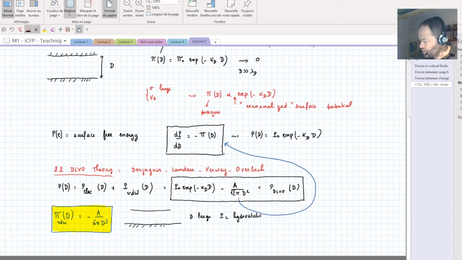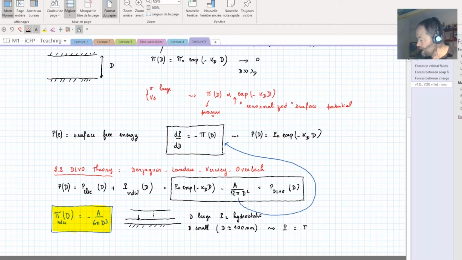And if I go to low D, which means D of the order of hundreds of nanometers or lower, I will see the van der Waals forces, and the pressure will have to be corrected by the van der Waals pressure.